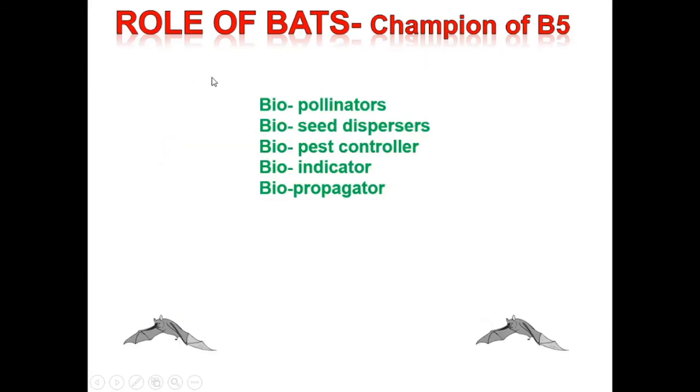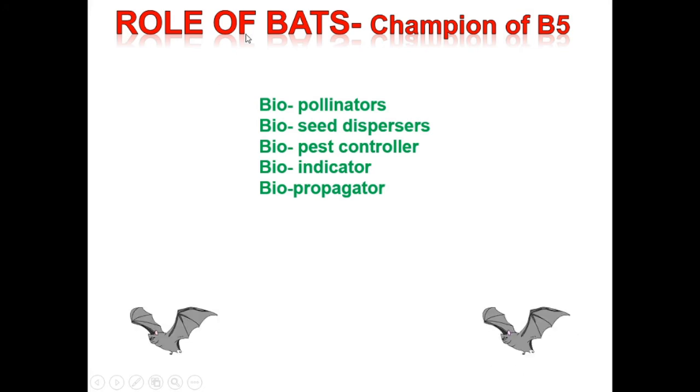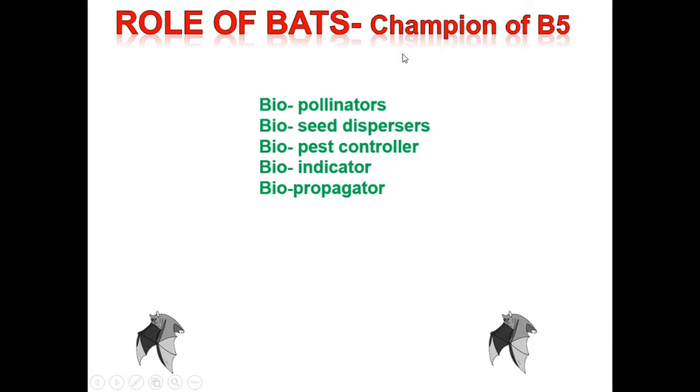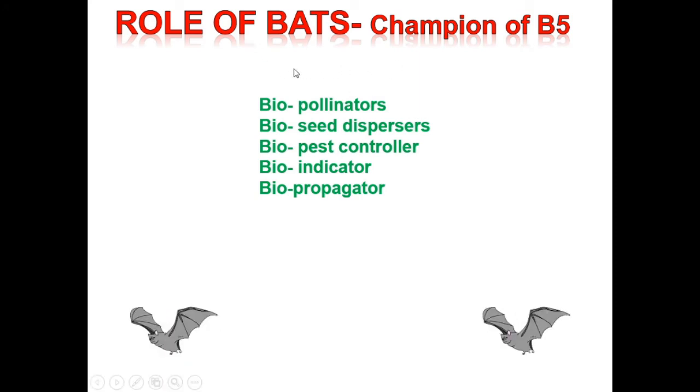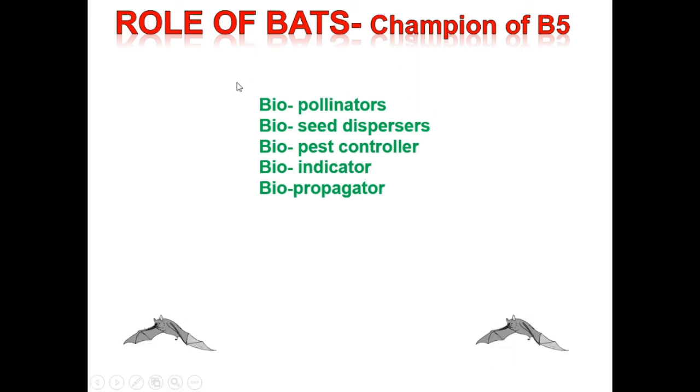And now come to the next B, that is the role of bats. Among all these five Bs, I mean bees, beetles, birds, butterflies, and bats, these bats are said to be the champion of all because their role in the ecosystem is very, very important and amazing.